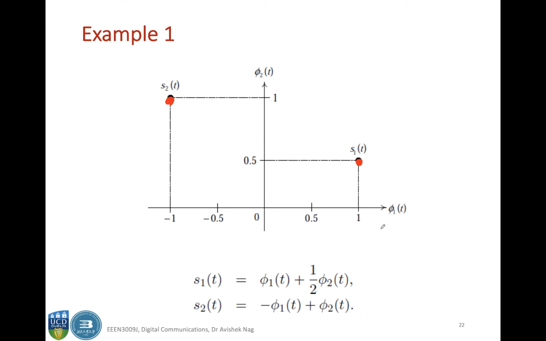These are the expressions. The phi1 component of S1 is 1 and the phi2 component of S1 is half. Similarly for S2(t), the phi1 component is minus 1, and the phi2 component is 1.